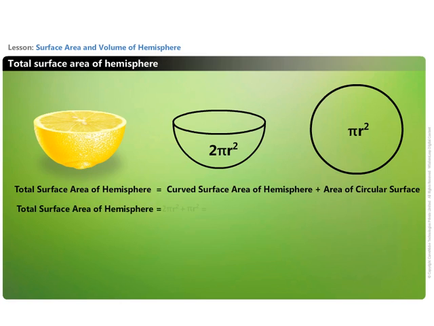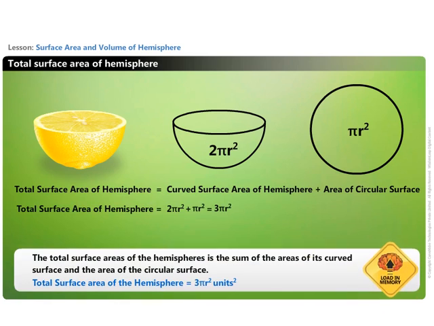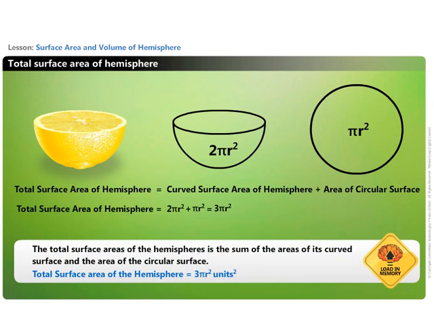Thus, the total surface area of hemisphere is 3 pi r square. Therefore, the total surface area of the hemisphere is the sum of the areas of its curved surface and the area of the circular surface. So, total surface area of the hemisphere is equal to 3 pi r square.